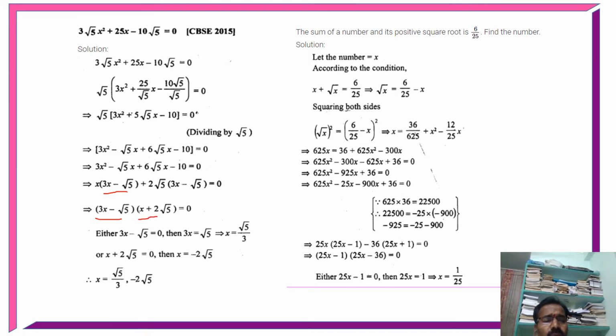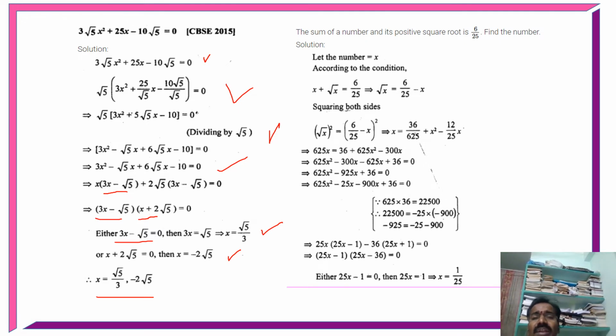If we equate to 0, 3x = root 5, so x = root 5 by 3. Again, the plus changes into minus: x = -2 root 5. So x is either root 5 by 3 or -2 root 5. You can do it by dividing and multiplying by root 5, or directly. Any suitable method you can use to find the roots.